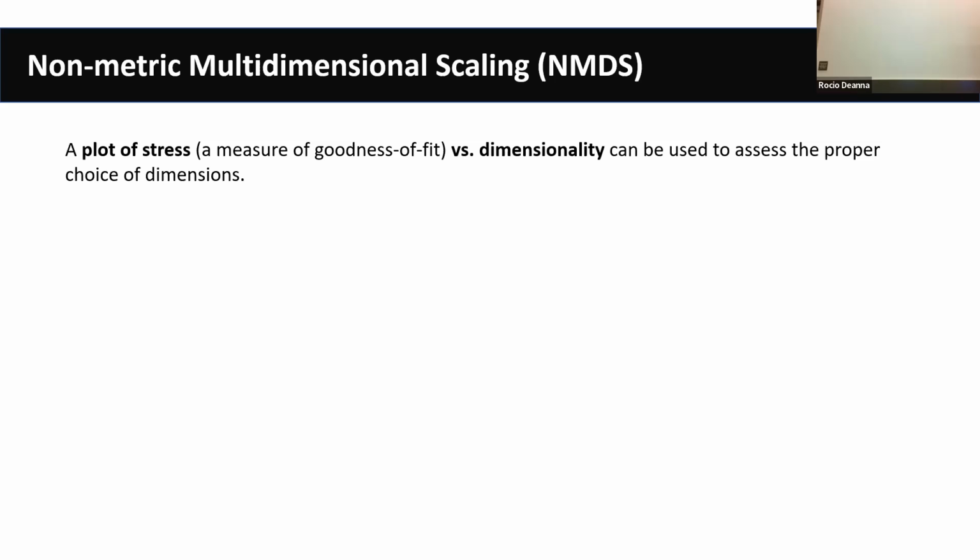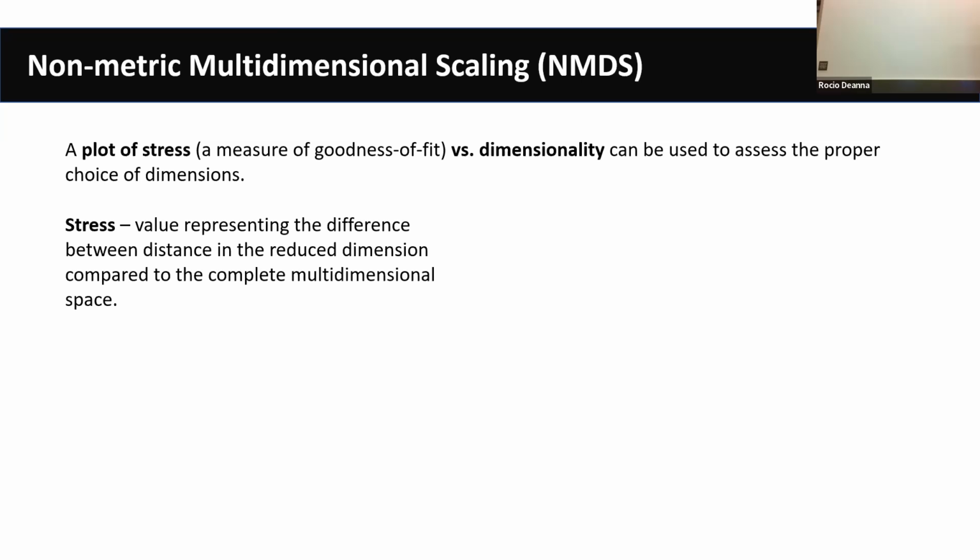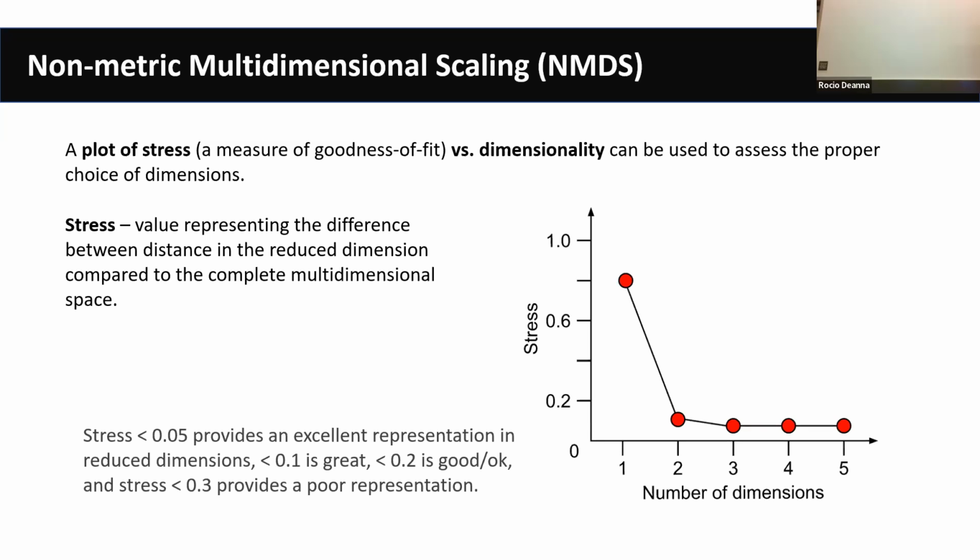So as I said, we have to establish the number of dimensions in advance. So what we can do is a plot of stress versus dimensionality to assess the proper choice of dimensions. We can do this according to the number of dimensions and how the stress behaves.